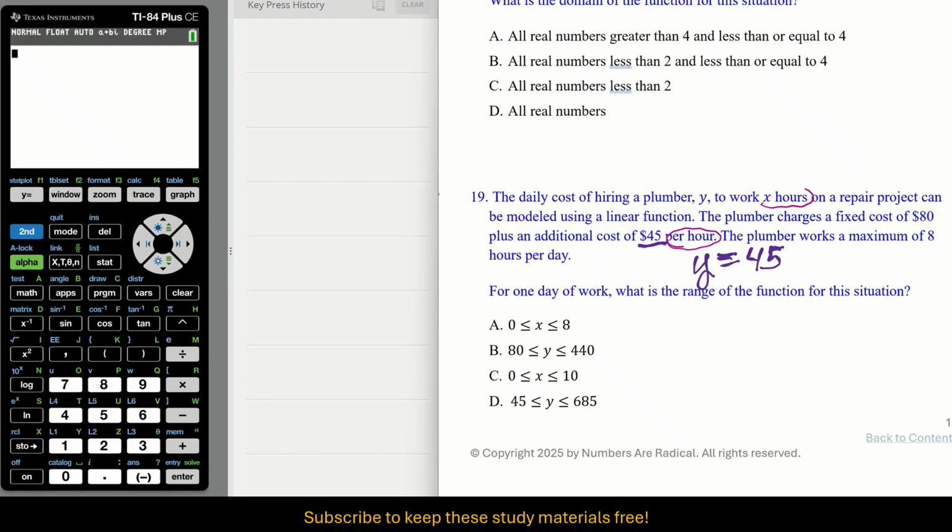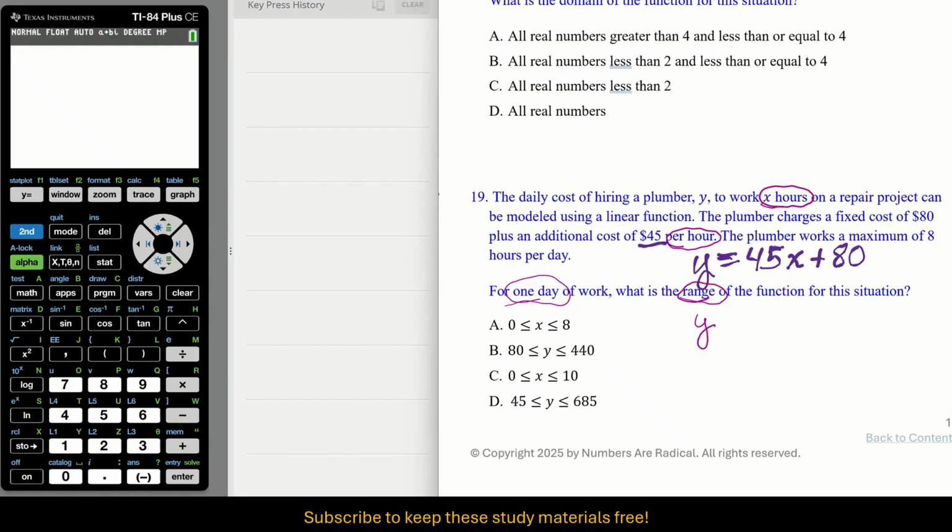An hour, we are told, is X. So that would be 45X plus this initial value or B value of $80. And remember, he is going to work 8 hours a day, and they are asking us for that range, which would be our Y value, but a range for 1 day of work. So that would be 0 to 8 hours. He can only work 8 hours in that 1 day.